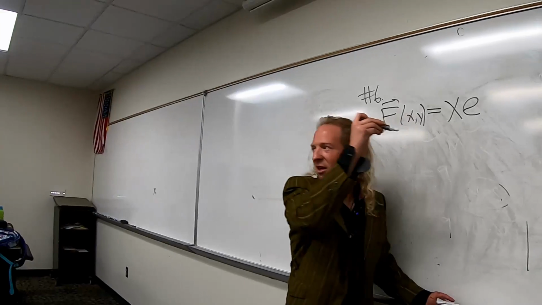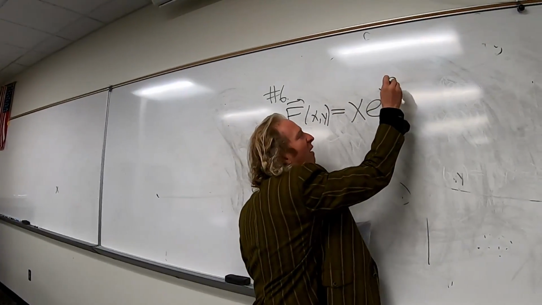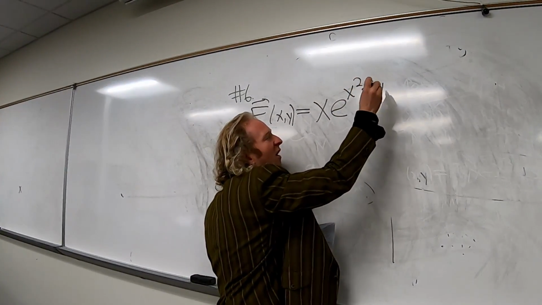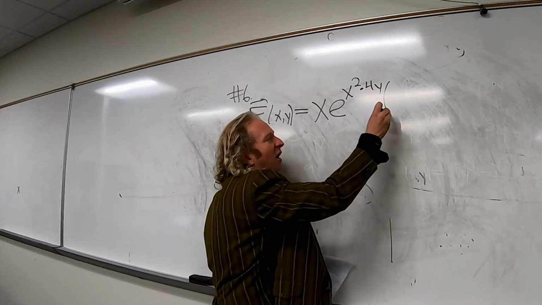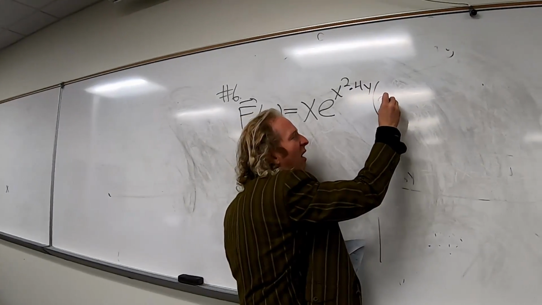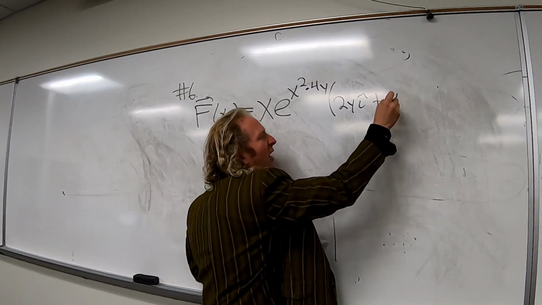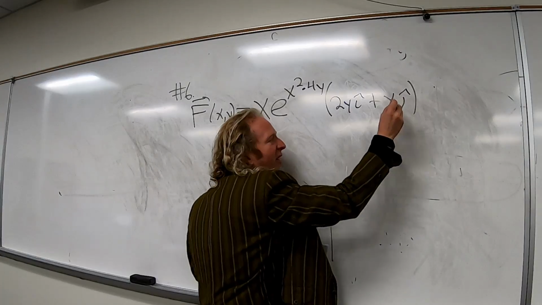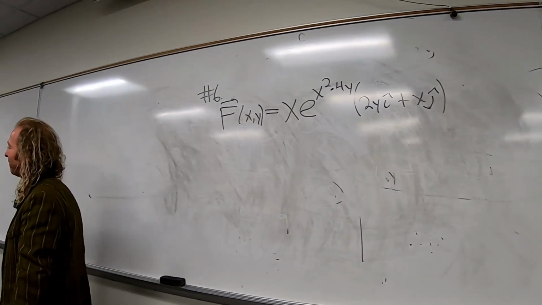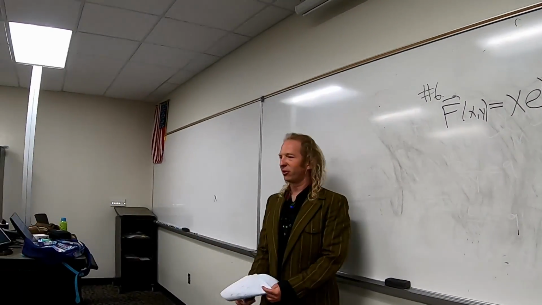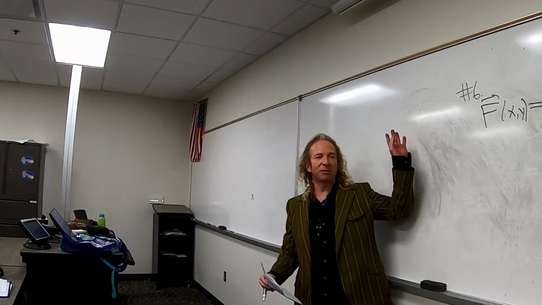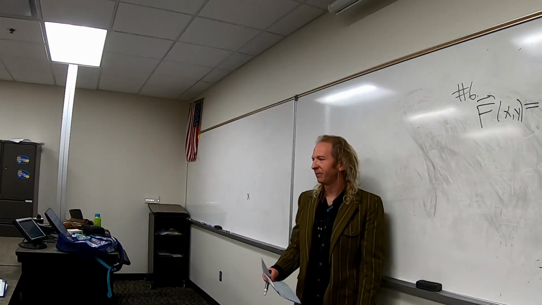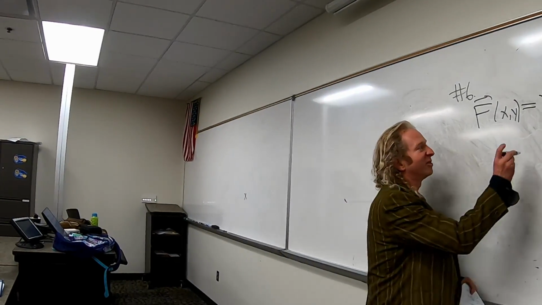It's x, e to the x squared times 4y, times the vector 2y plus. Okay, and the first step is to figure out if this thing is conservative, right? So first we have to multiply it through, right? So let's do it. We got this. We got skills.